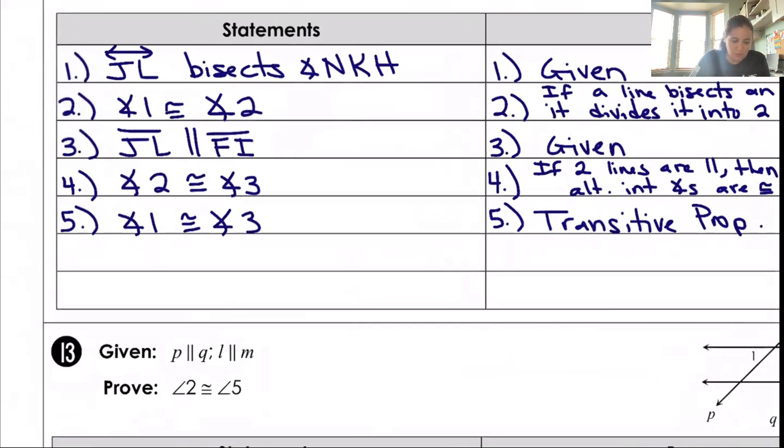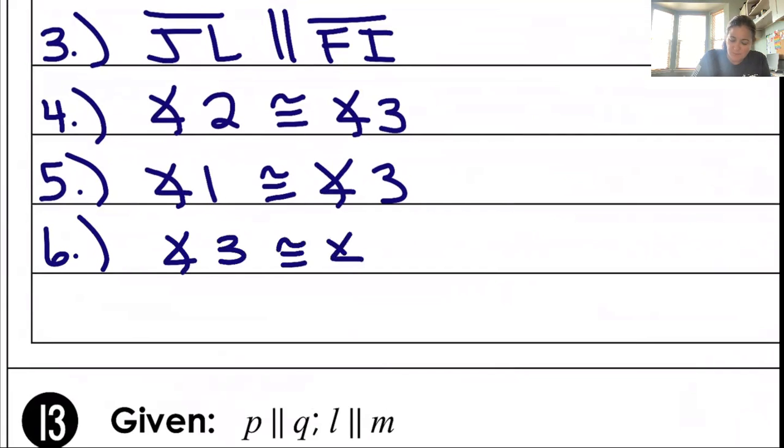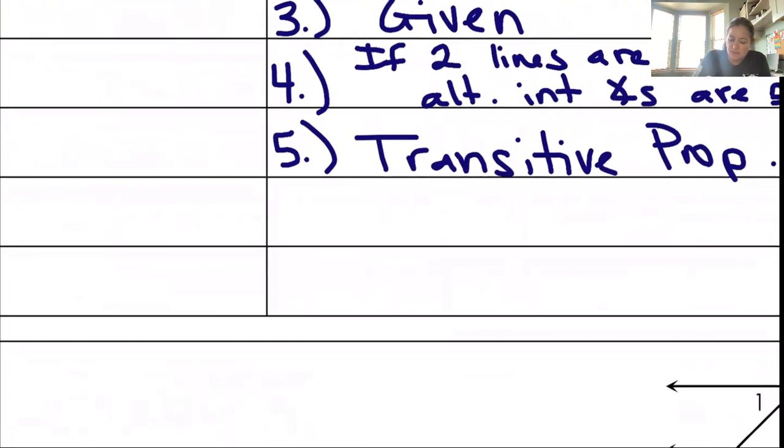That's good news. And then we also had vertical angles in there. So 3 and 4. I knew I had to have a 4 in there somehow because the final statement says 1 and 4 are congruent. So I knew I had to keep going with those vertical angles. So I had to look at my picture to see what was happening there. So 3 is congruent to 4. And that's if two angles are vertical, then they're congruent.